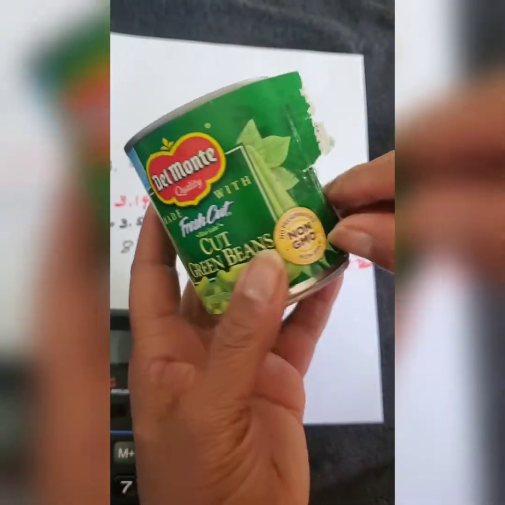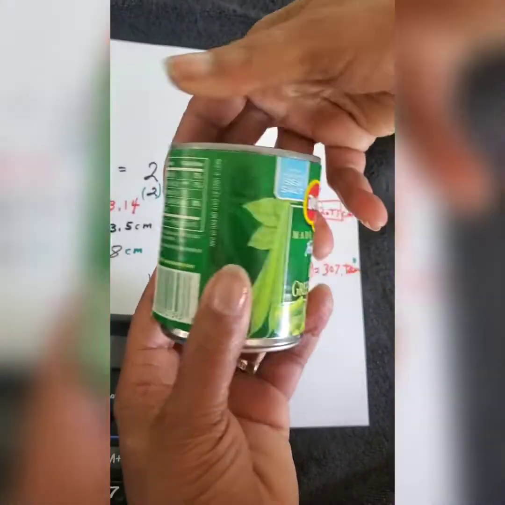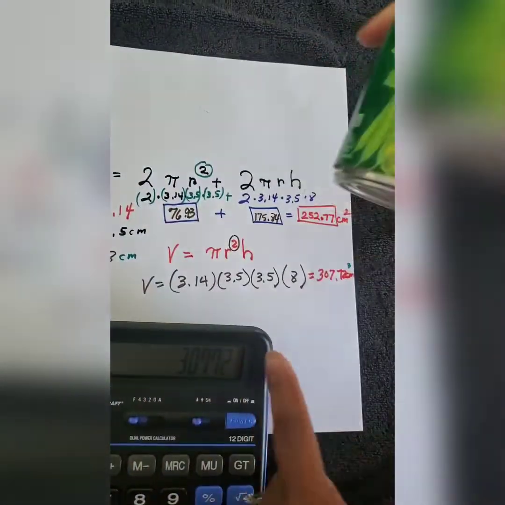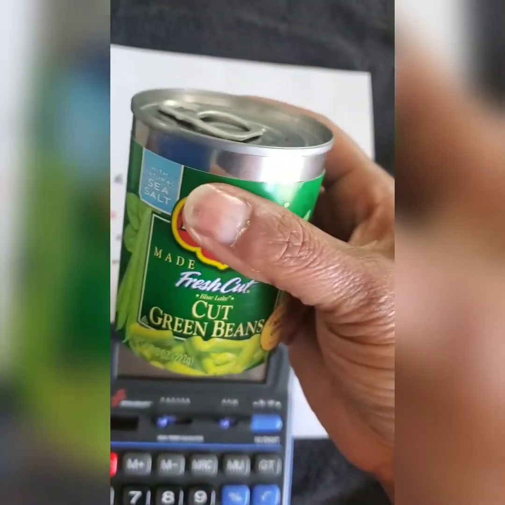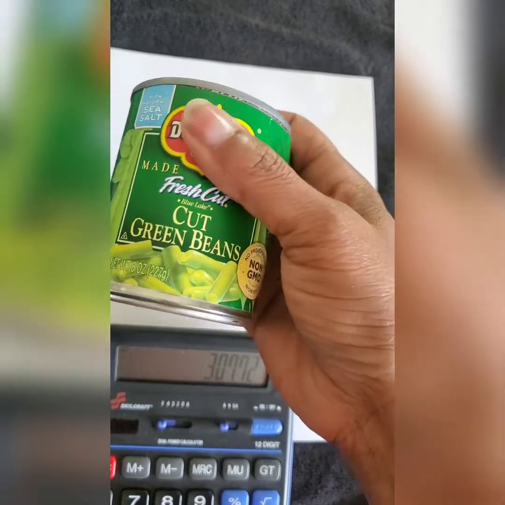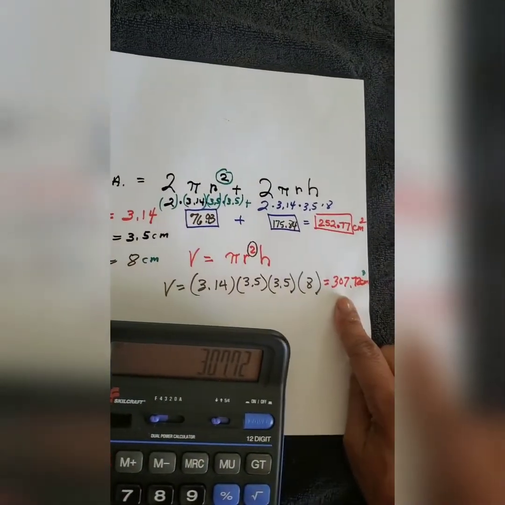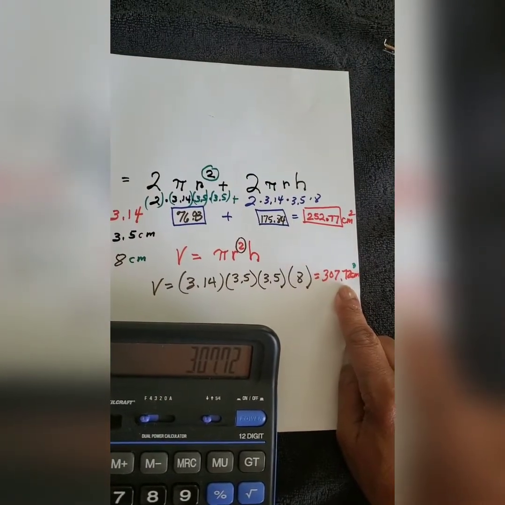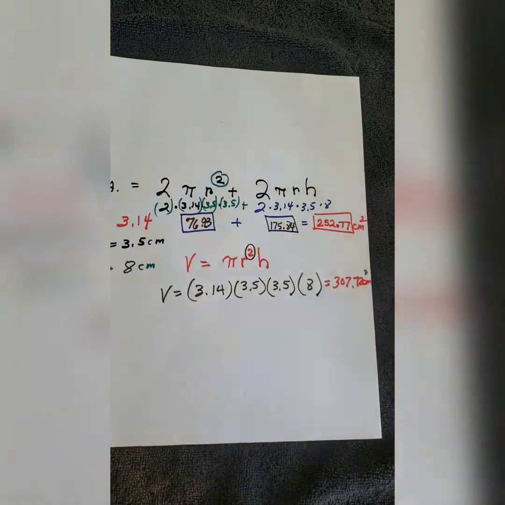And I kind of was taking it loose, but you get the gist of it. It's the paper all the way around, okay? And then the volume is the amount of space. How much space is inside of this can? How much space? That is 307.72 centimeters cubed.